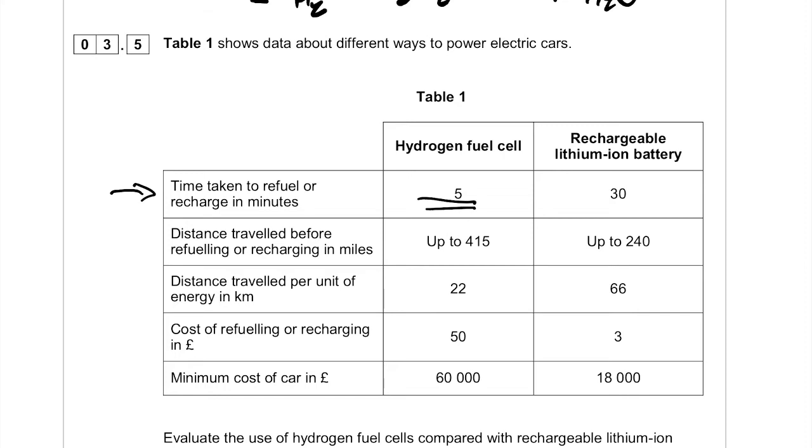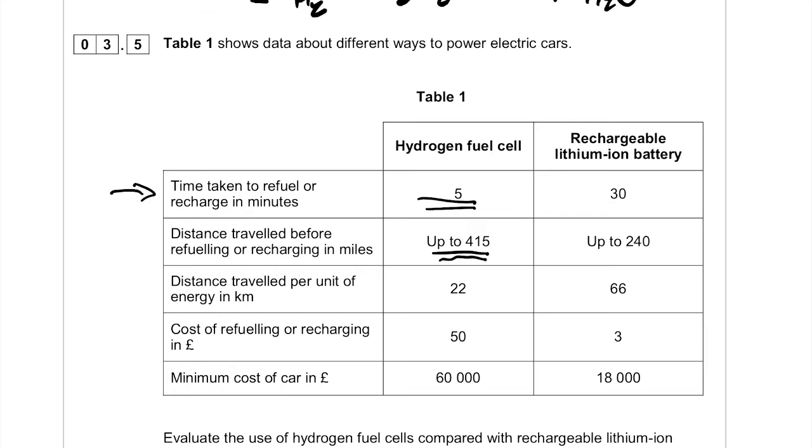That's just how the batteries nowadays work. And so this is a clear advantage for hydrogen fuel cell cars. And also hydrogen fuel cell cars do have a higher range, so you can travel a further distance without recharging or refueling.